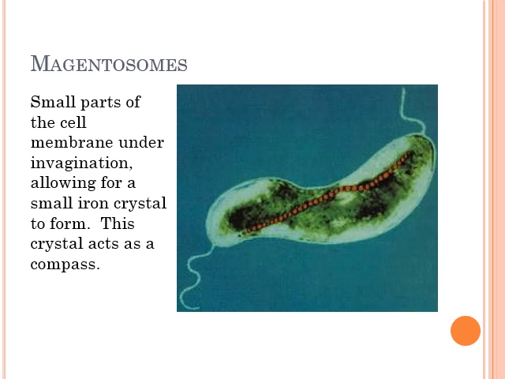And we'll just do it like that. So you end up having these little compartments inside. In each of those compartments, a little crystal of iron can grow. Iron is magnetic, thus magnetosome. These iron deposits inside the cells allow the cell to have an idea of north and south. It gives them directionality.